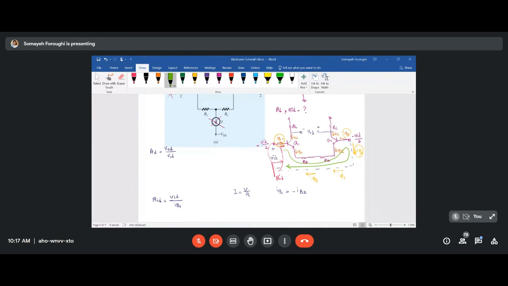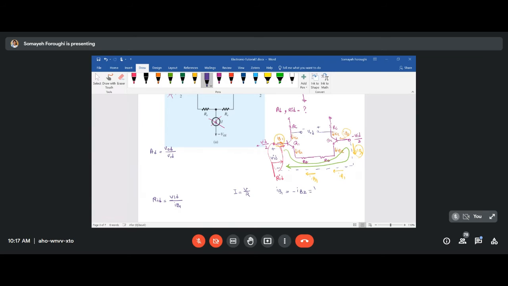The total voltage you can observe here in the AC model will be VID, or you can say positive VID/2 minus negative VID/2, and then finally you find the same VID.